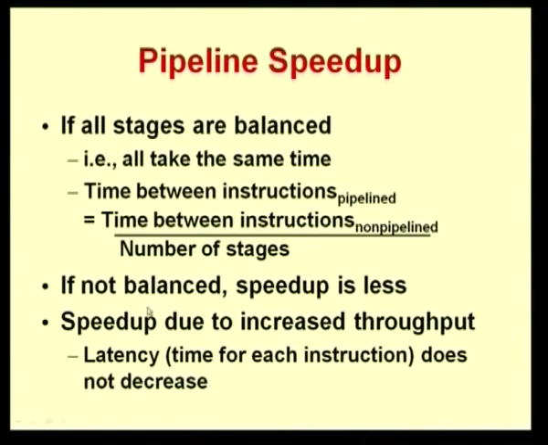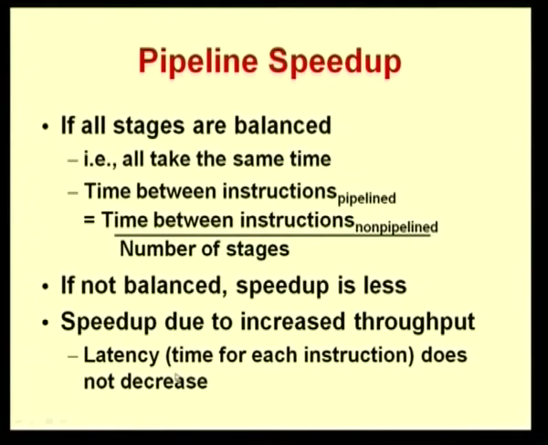Okay. So, if it is not balanced, then the speed up will be a little less. But normally we try to balance the stages so that it becomes easier to do the design. So, for our practical purposes, we can assume that the stages are balanced, therefore, you get a speed up which is equal to the number of stages. Okay. So, if an earlier program had taken 1 second to execute, now it will take 1/5 of a second to execute.